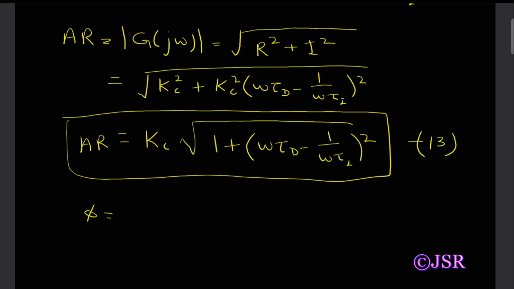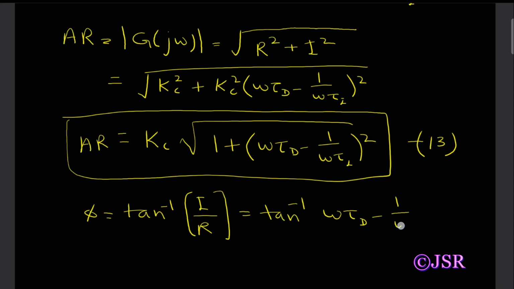The phase shift can be written as tan inverse imaginary part upon real part, and that will be equal to tan inverse omega tau d minus 1 upon omega tau I. So this is the imaginary part and this is the real part.